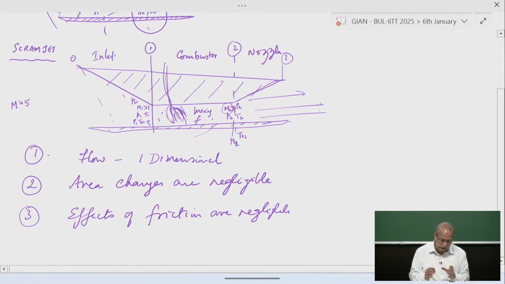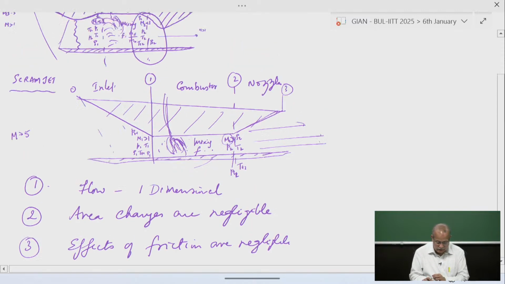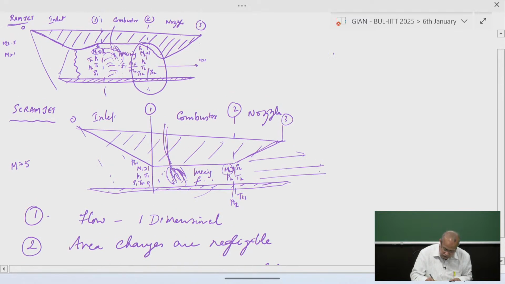Under these assumptions we are going to propose a theory, so that we could understand how the exit properties T2, P2, ρ2, Tt2 and Pt2 are going to change, or in other words, what is the ratio of these properties. So these are the things which we are interested in calculating.